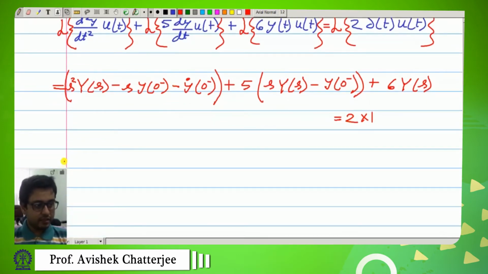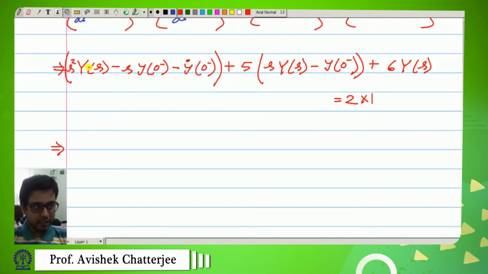Okay, then let me collect capital Y s together. So I have capital Y s multiplied with s square here, 5s here, and plus 6. Let me bring all other terms to the right side.